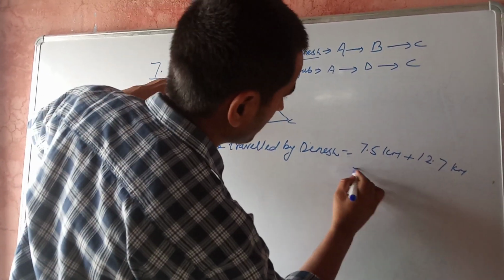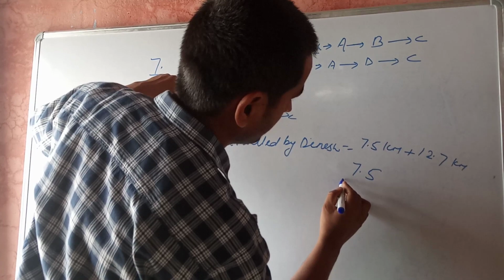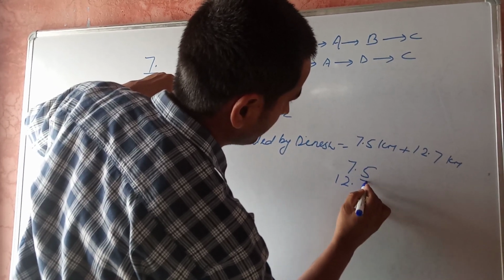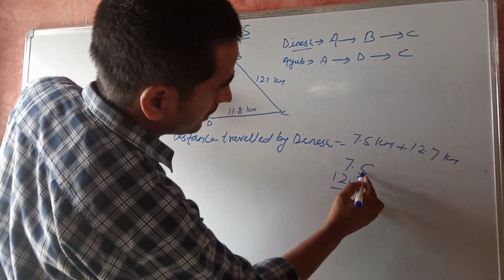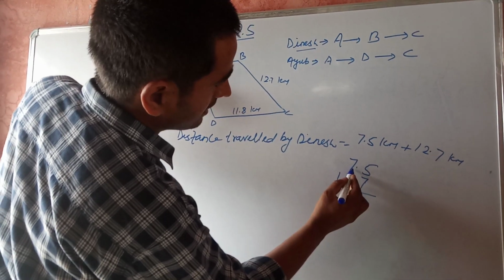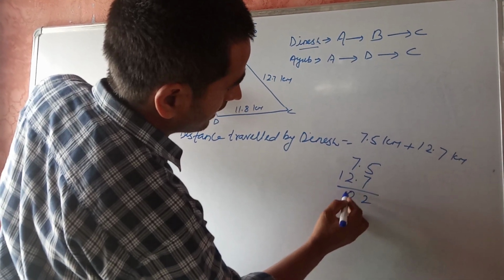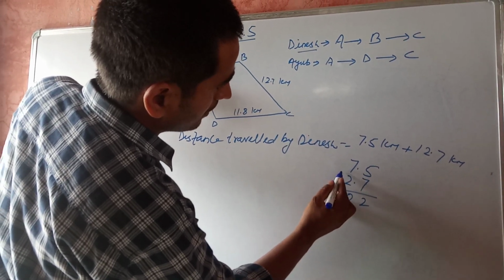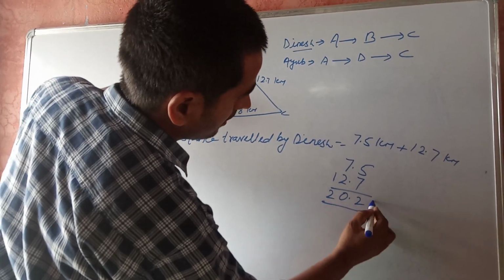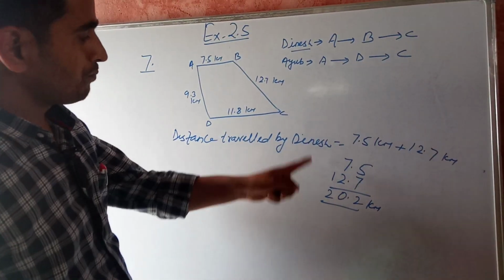So 7.5 and 12.7. Now add: 7 plus 5, 12. Carry 1, 7 plus 2, 9 plus 1, 10. Carry 1, 1 plus 1, 2. This is the distance covered by Dinesh.